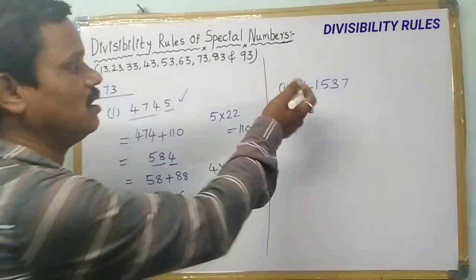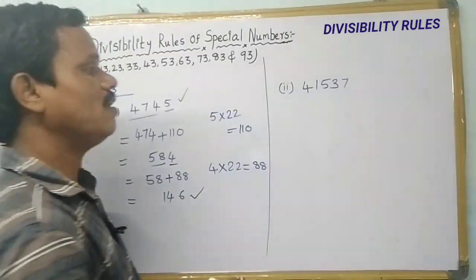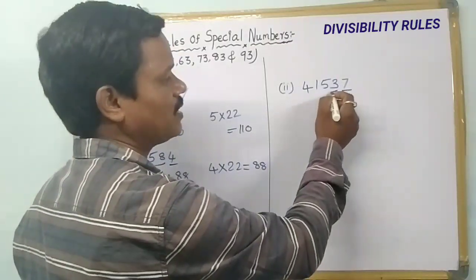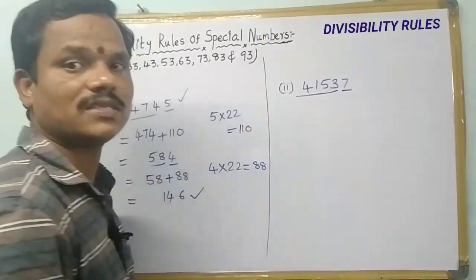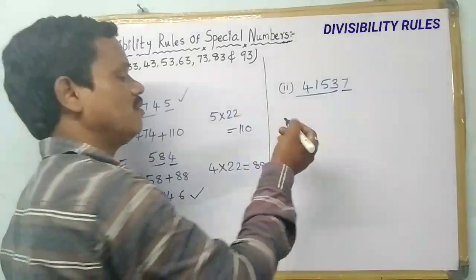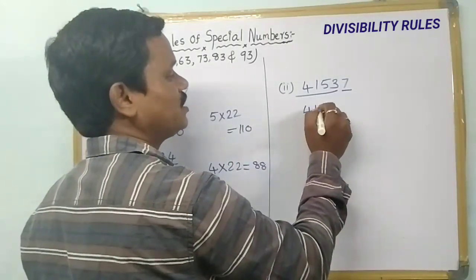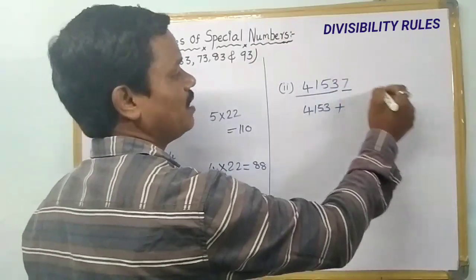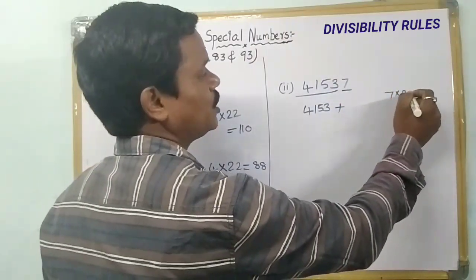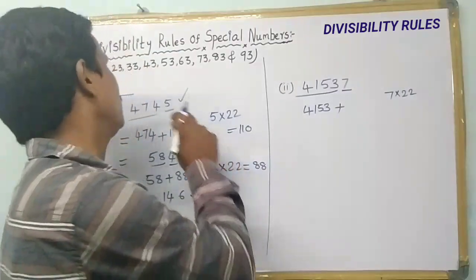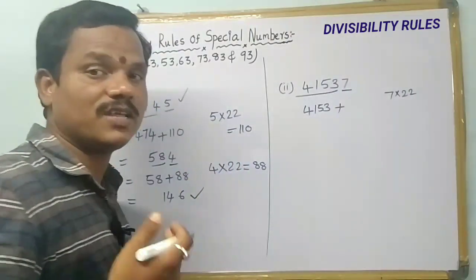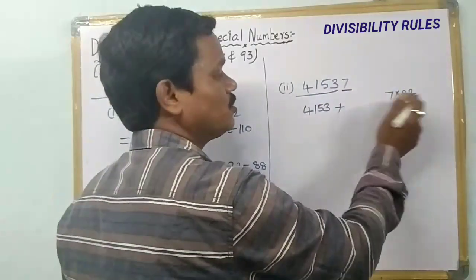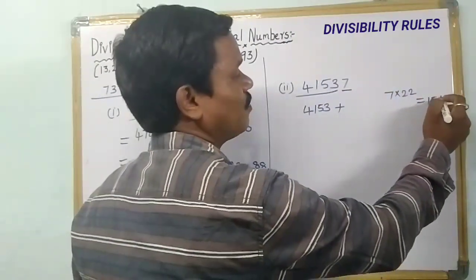Now another example. This is also divided into two parts. 7 is the first part and the remaining numbers are the second part. Write the second part as it is, 4153. Now multiply the first part number by 22. 22 7s are 154.